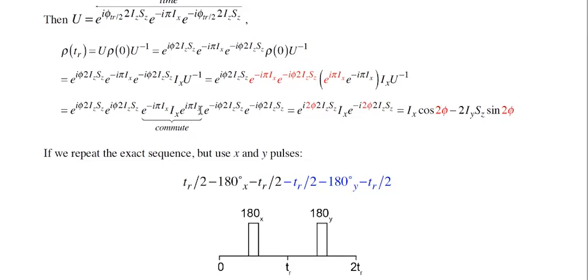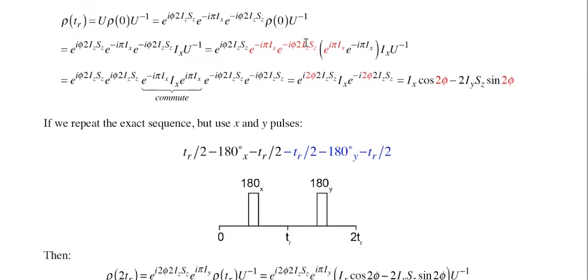I still have the Ix, and I have this e to the minus I pi Ix still remaining, but I have managed to change this term. And because a 180-degree rotation around Ix simply turns this minus Iz into a plus Iz, I switch the sign of this exponential operator to positive.